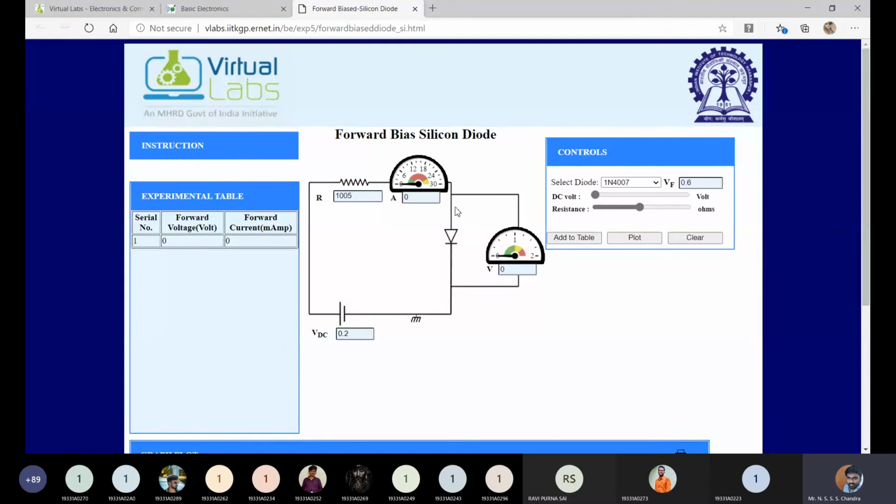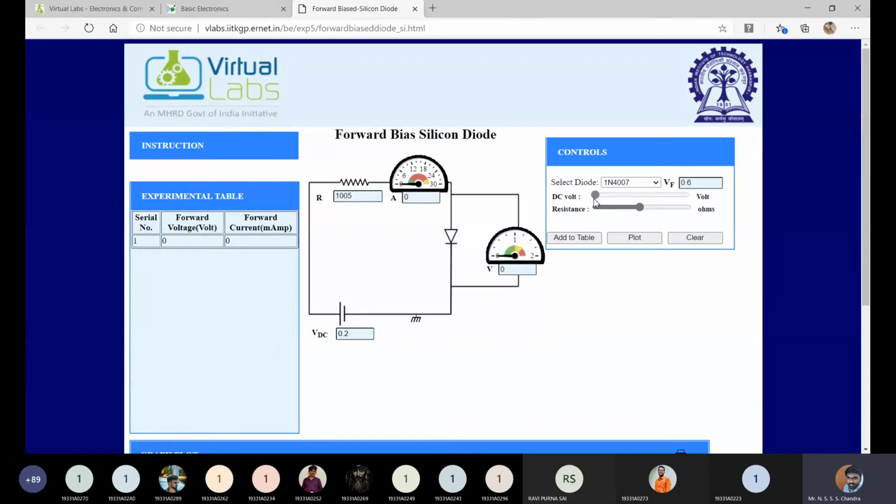This is the anode, this is the cathode. So the voltage across the diode is around 0 volts, and the current flowing through the diode is also 0 milliamperes. Although I'm giving 0.2 volts, there is no current or voltage.